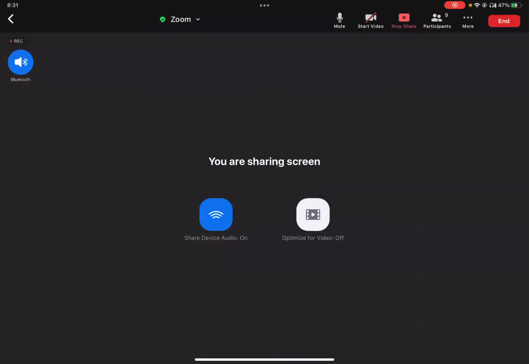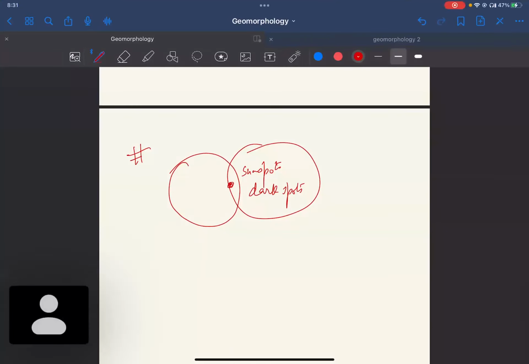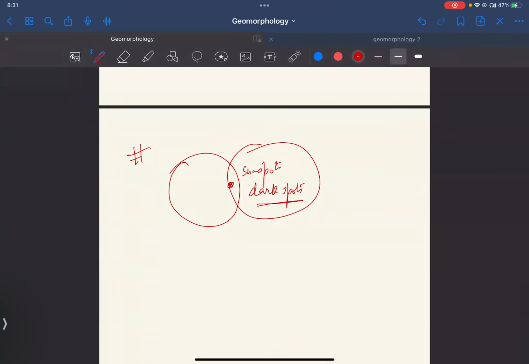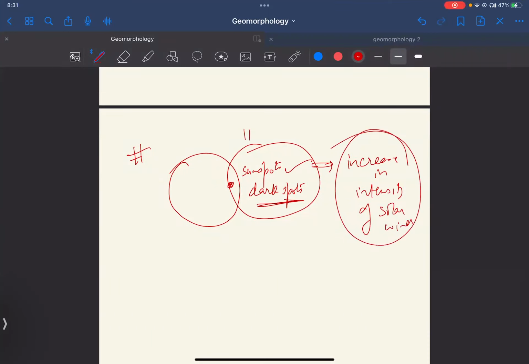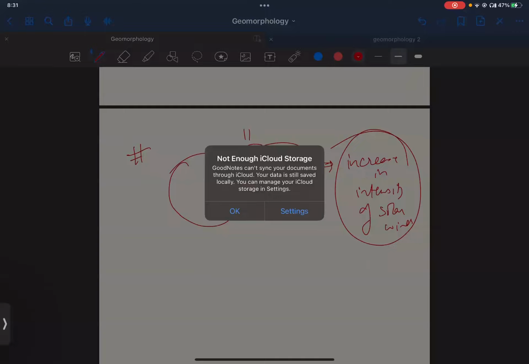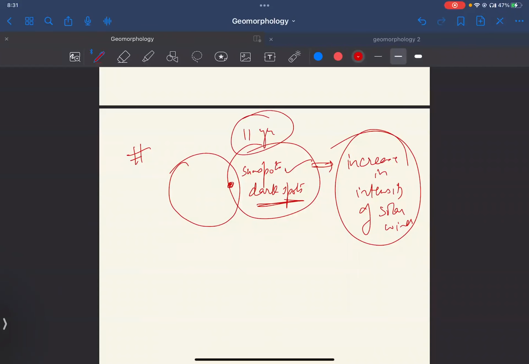All right. What I was saying, see, on the sun we have some dark spots, which are known as sunspots, right? Because of this, there is an increase in the intensity of these solar winds. These sunspots usually occur after every 11-year cycle. But now, due to climate change and other factors, the intensity or duration of the cycle is getting reduced.